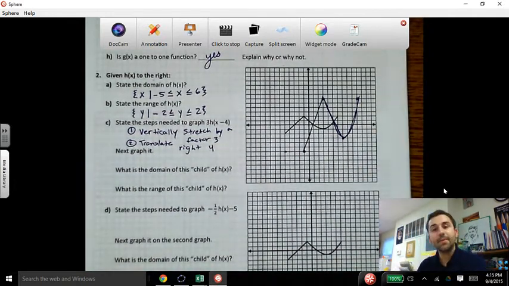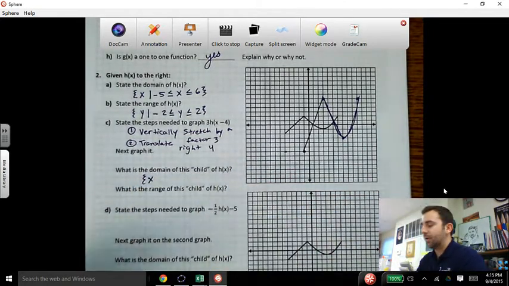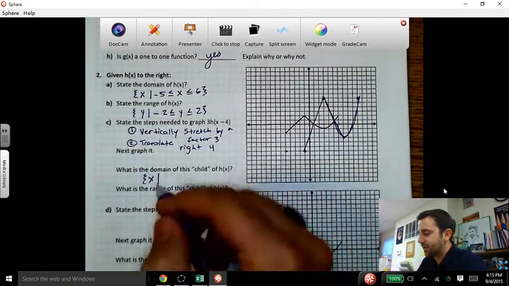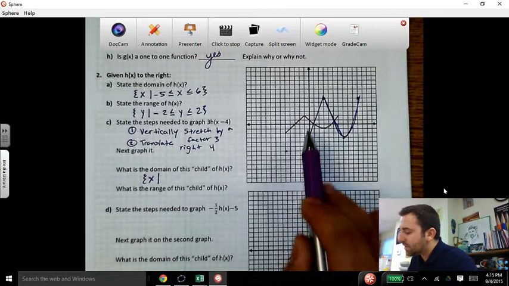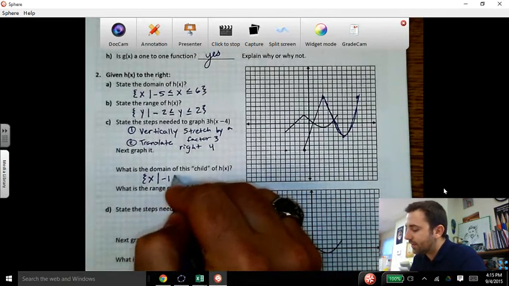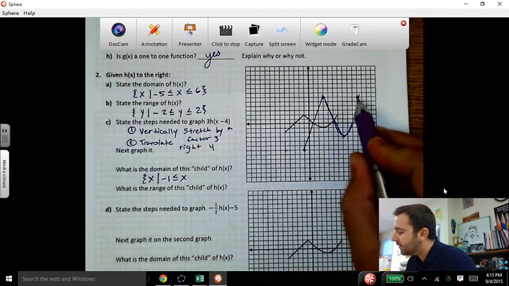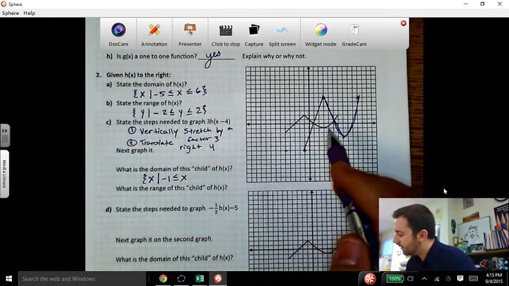So after we have transformed this function, we need to state the new domain and new range and what's happened. So the domain is still going to be the x values, so we're going to define it as x such that, and in this case the lowest domain value is at negative 1, and the highest domain value is at 10.